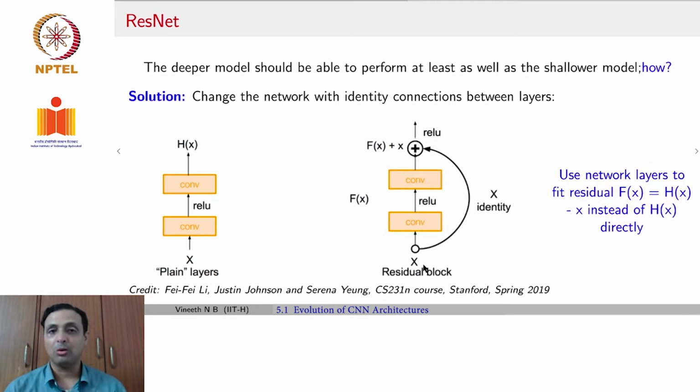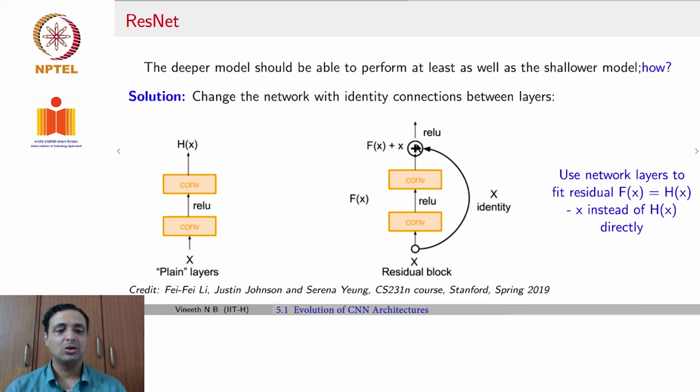But in a residual block, what these designers came up with was to say that X goes through a conv layer, a ReLU, a conv, just as in the vanilla CNN, but they also have a side channel to take the input X as it is and add it up here 2 layers later.